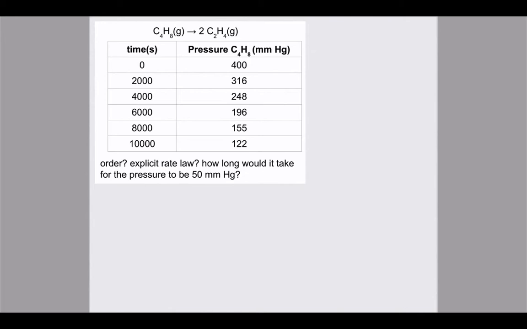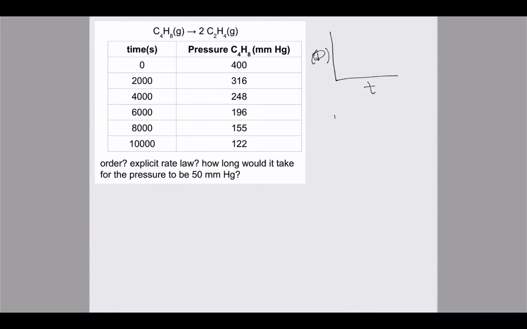So let's take this data. We're going to find the order, then come up with an explicit rate law, and then figure out how long it would take for the pressure to change all the way down to 50 millimeters of mercury. The first thing you're going to do is take that data and create 3 graphs. You're going to graph the concentration, or in this case the pressure of our chemical, with respect to time.